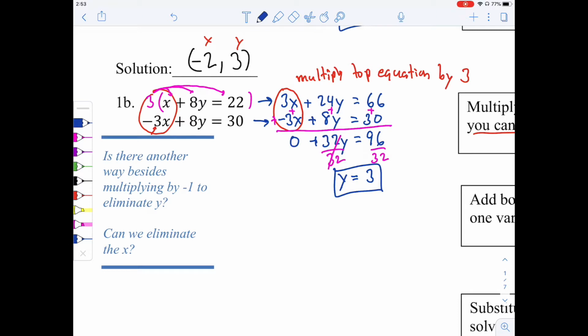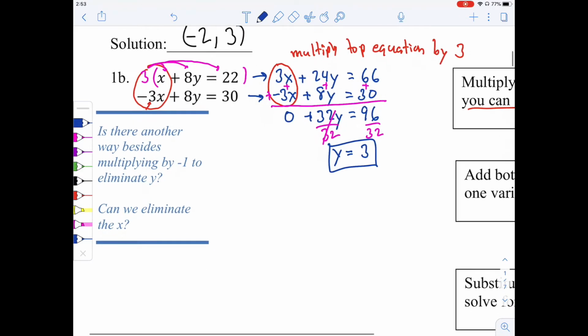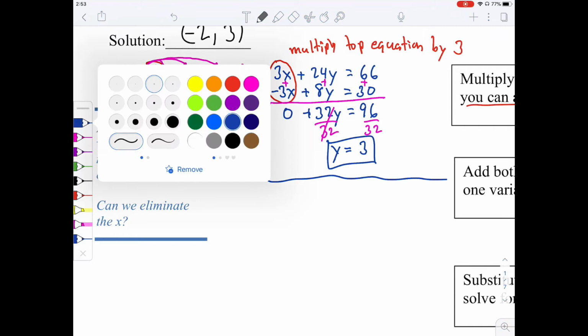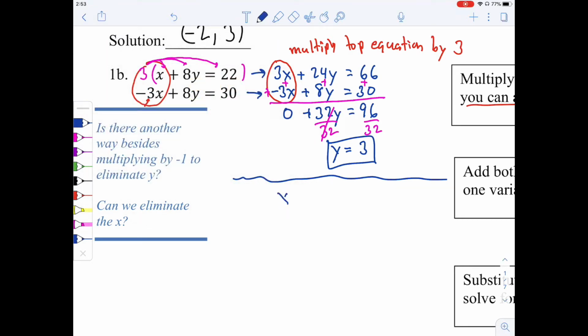And now we just do the same process with the other equation to solve for x. We can use any equation that we want. Let's use the first one. x plus 8y equals 22. We take our 3, that's y, so we put it in for y.